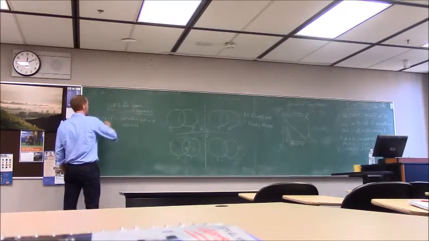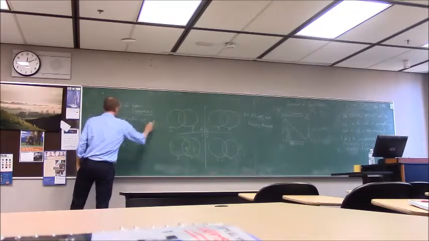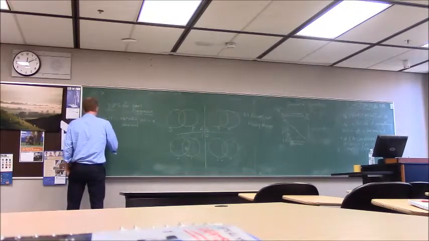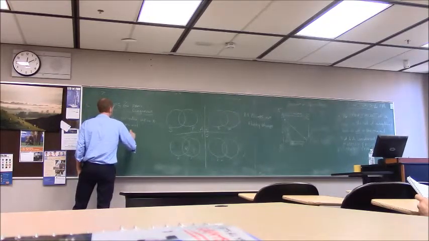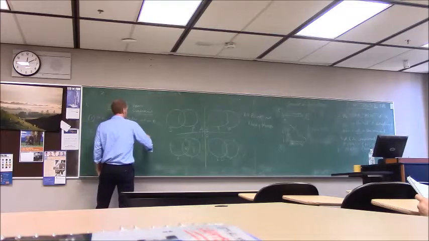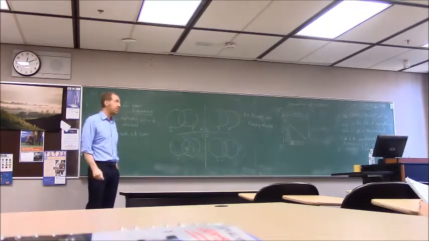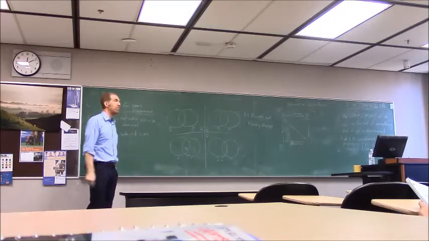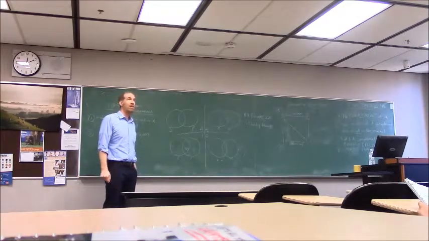So, tips for Venn diagrams. If the categorical is particular, put an X in the subject term. So, whenever you're drawing a Venn diagram, whatever you're doing, putting an X or whatever we do for universals, which I'll get to in a second, you're putting it somewhere in the subject term.